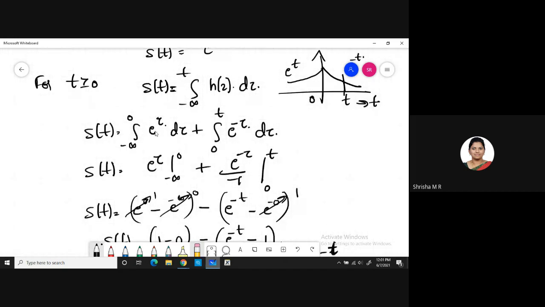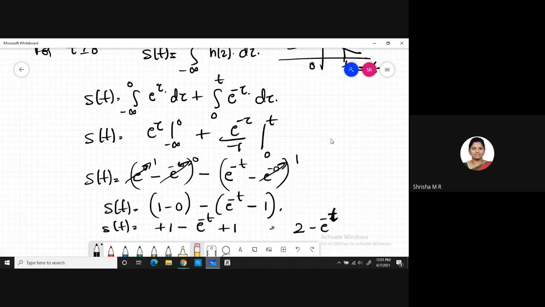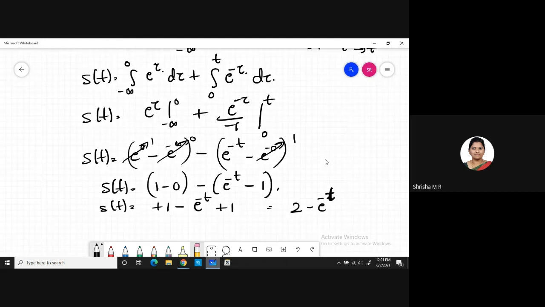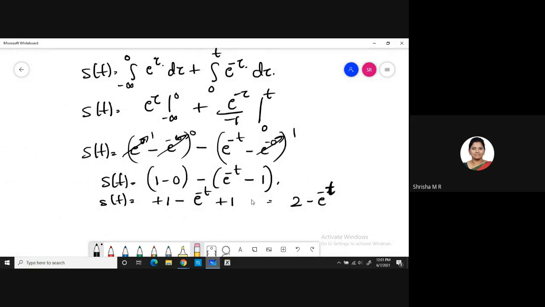So integrate this with respect to tau. You get e power tau with limits minus infinity to 0 plus e power minus tau by minus 1 from 0 to t. Upper limit minus lower limit, you get 2 minus e power minus t. Clear, everyone? Got it?